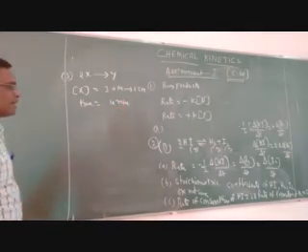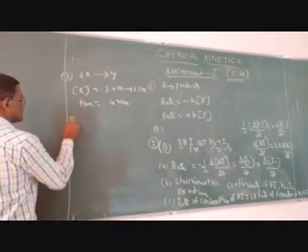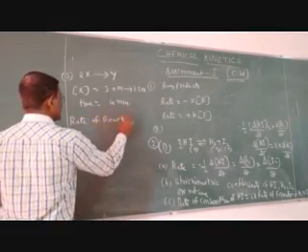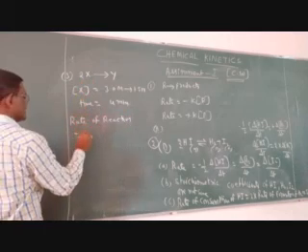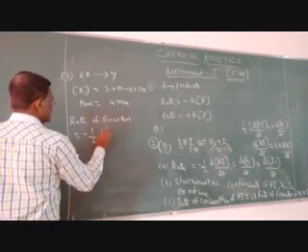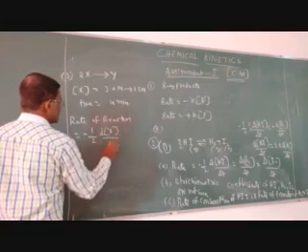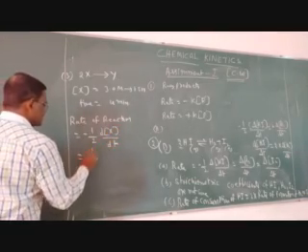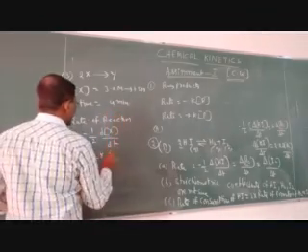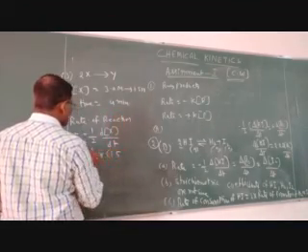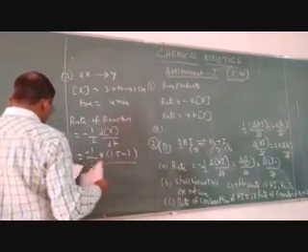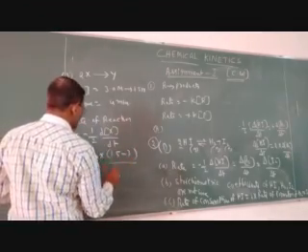Now what is the rate of reaction? The rate of reaction with respect to reactants is minus 1 by 2 d[x] by dt.